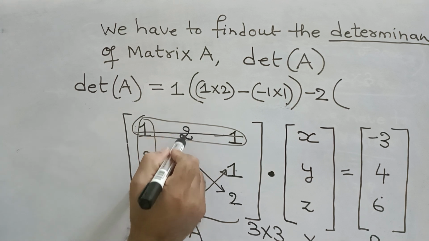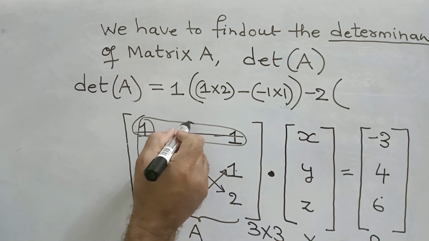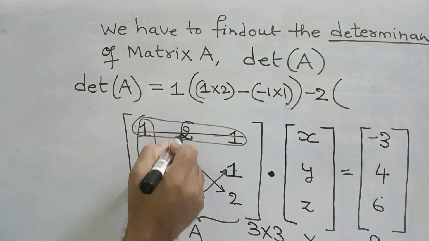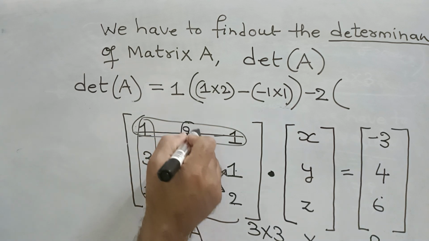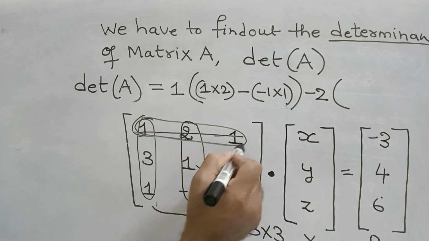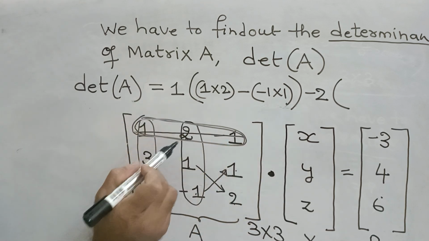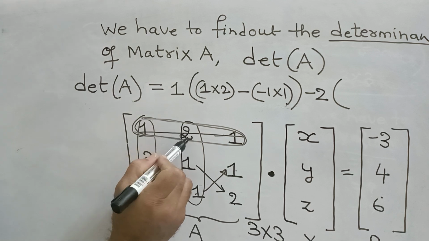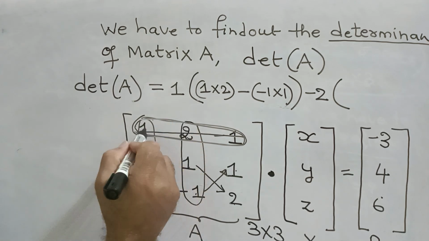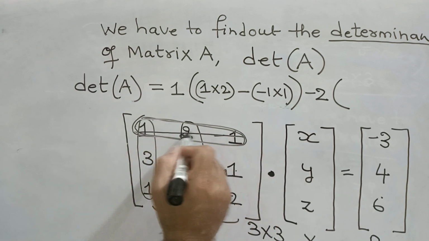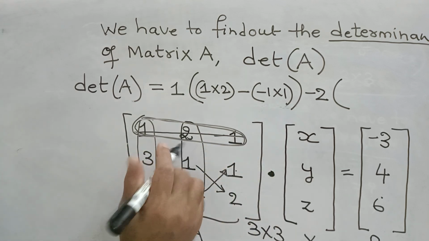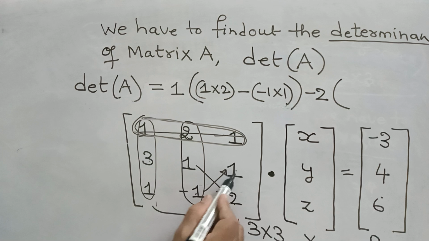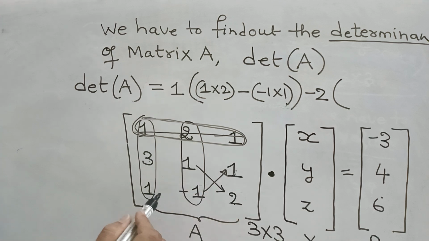Therefore for this, if you consider 2, then you remove the row and column which is containing that number 2. The number 2 is there at this place, so the same row and column will be removed or ignored. Then what are the elements? 3, 1, 1, 2 are the remaining elements.